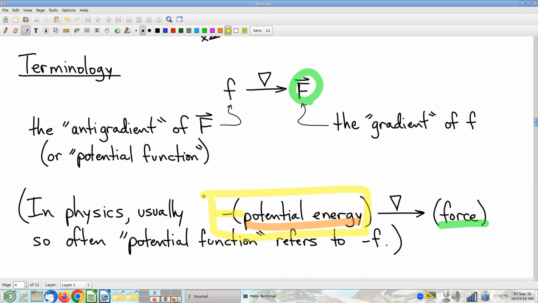It's as simple as that, right? That's the nut of it all. So we do get this minus sign if you want to relate potential energy and force. So anyway, this minus sign, I think, brings this terminology here into question. Is that really a good choice?